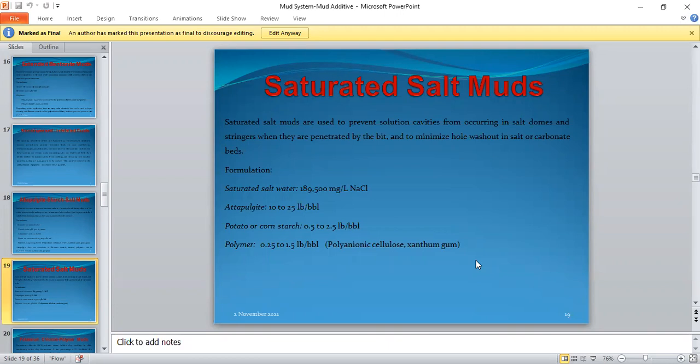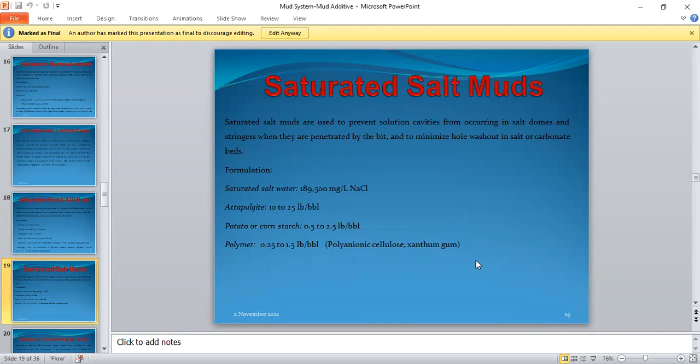So we use it to clean the hole. No matter what you do in that surface hole, because it is very porous, you must have losses. So your target is to bring out all these things. The surface hole has gravels, big stones. As you're drilling, they will be coming out.